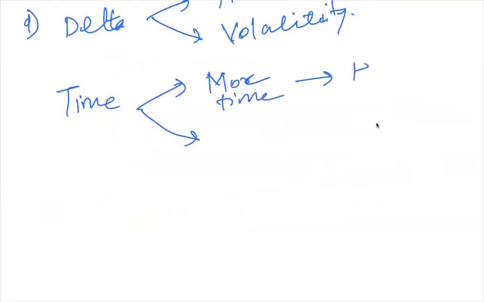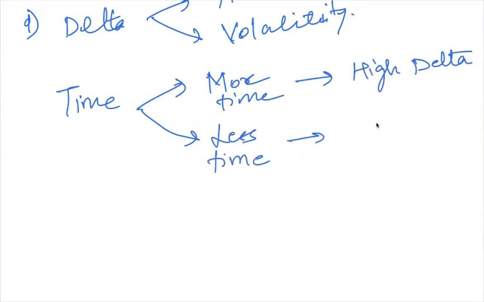So that's why you have a high delta. When you have less time for the option contract to expire in the money, that's why you have a low delta.